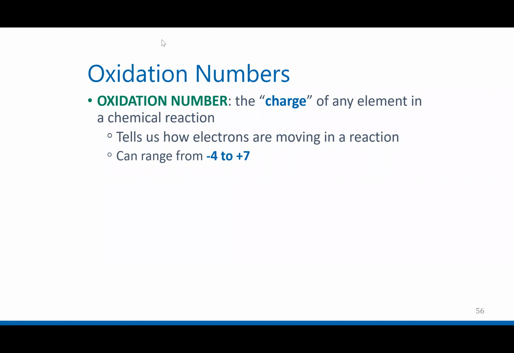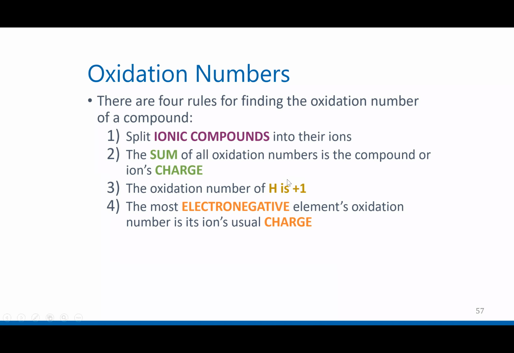So how do you find the charge on atoms? Well, there are 4 rules. Now, this is a little bit different than chapter 3, because we're going to look at this a little bit more in depth, meaning it's a little more complicated when we deal with molecules.